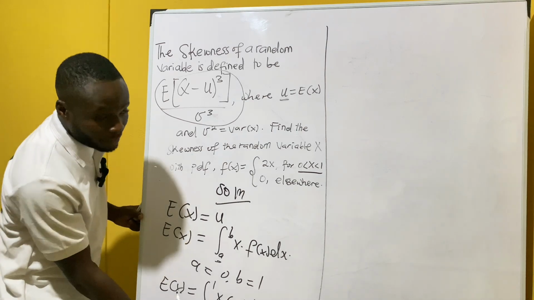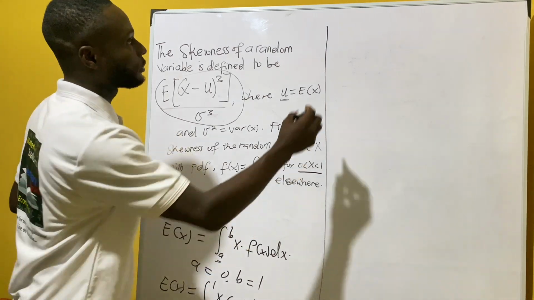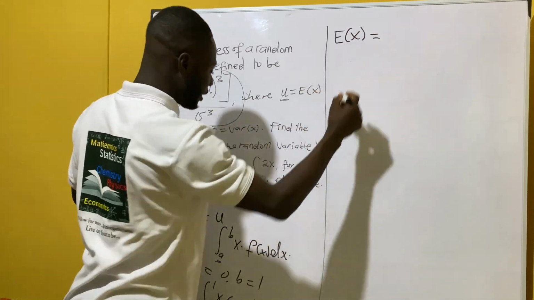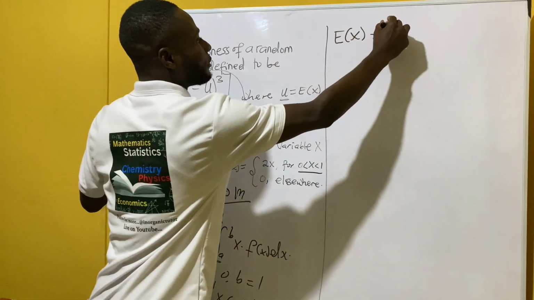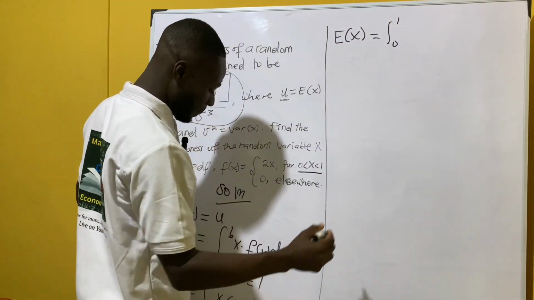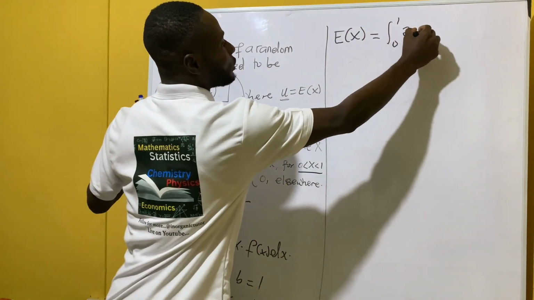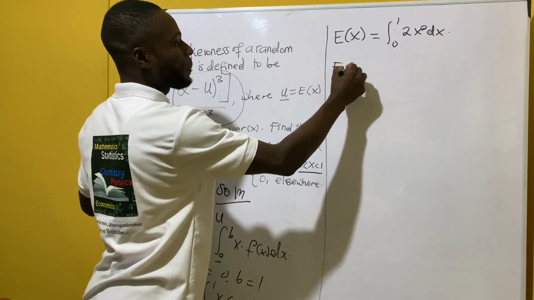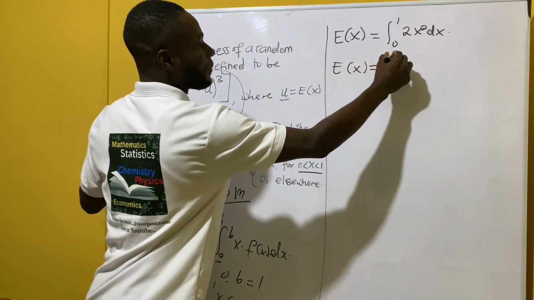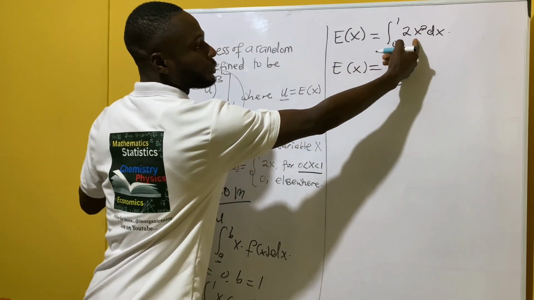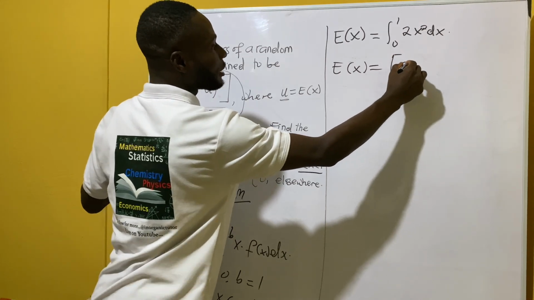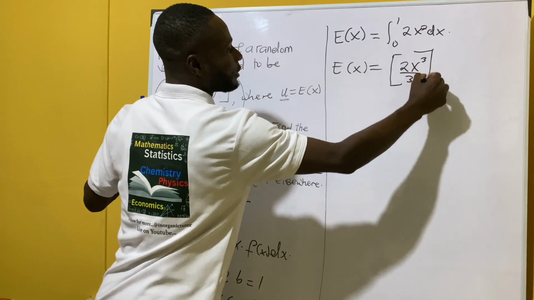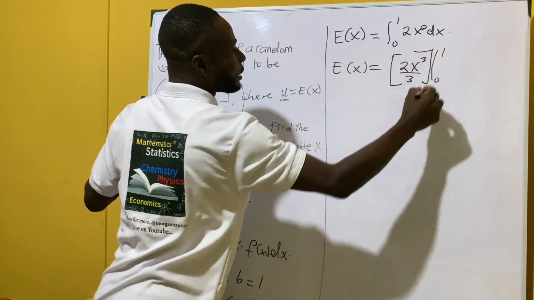So let's integrate this particular function. So here we have, from 0 to 1, 2x squared dx, right? So when you integrate 2x squared dx, you are going to have 2x cubed over 3 on the limit 0 to 1, right?